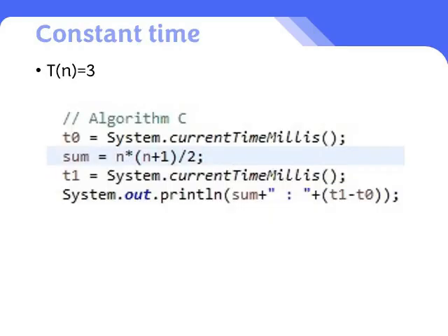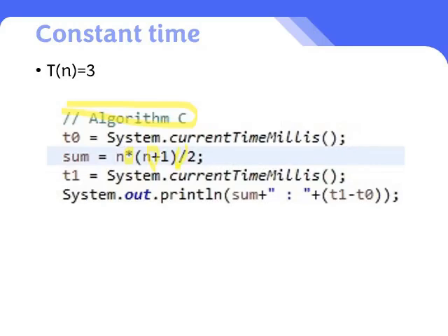Shall we bring back our friends A, B, and C from earlier? Let's start with the fastest one, algorithm C. How many operations does algorithm C perform? First, one addition, then one multiplication, and one modulo division, just 3 operations in total.